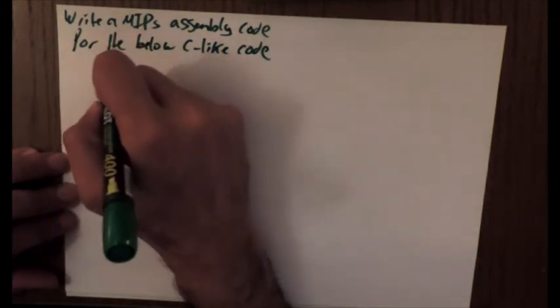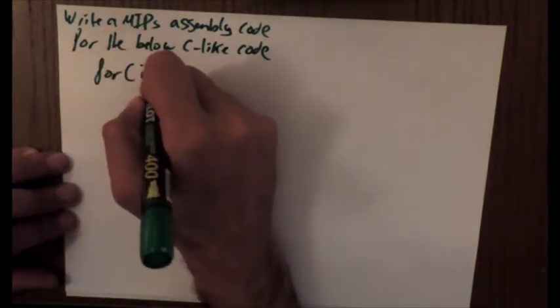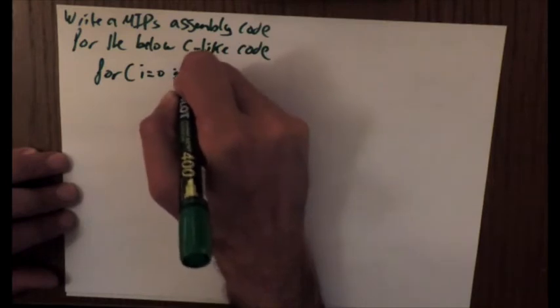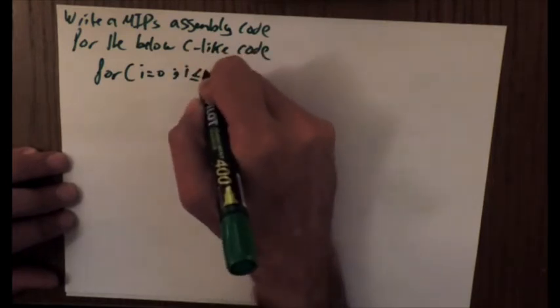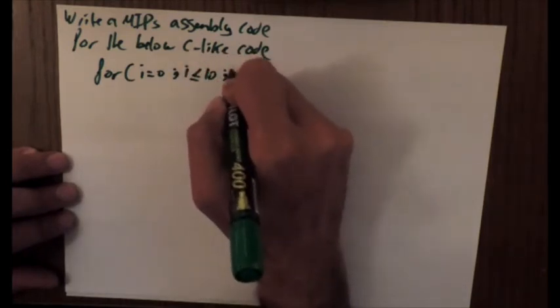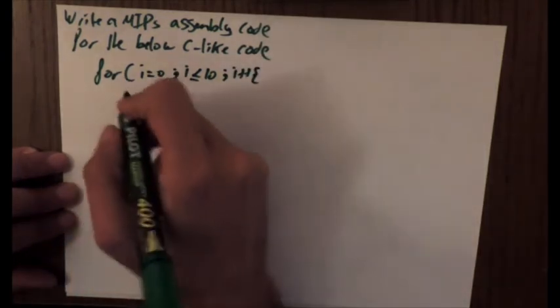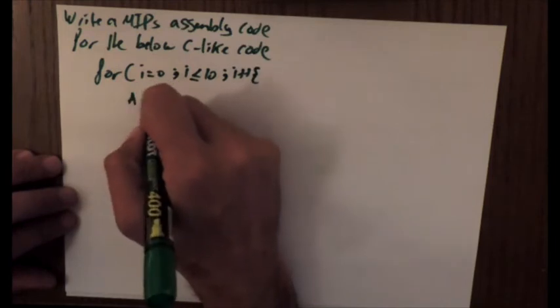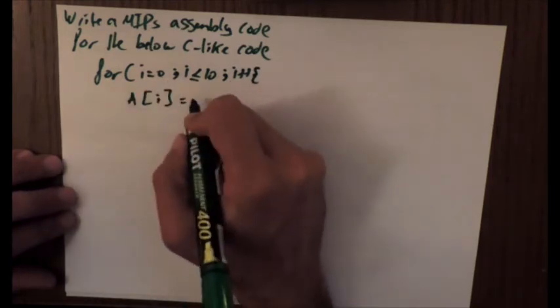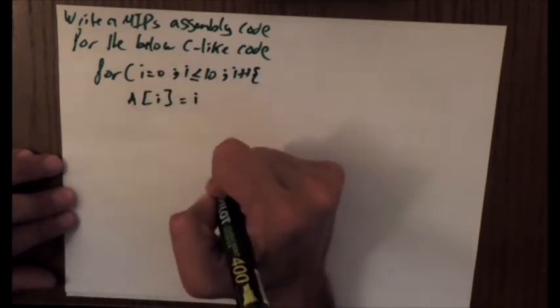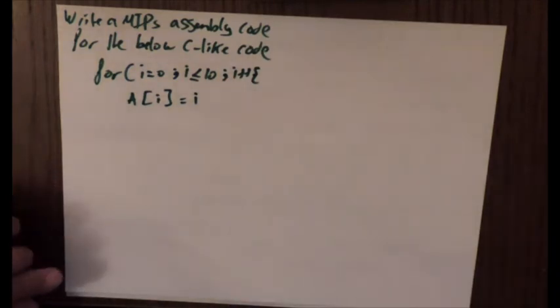So let's say I have for i equal 0, i less than or equal than 10, i plus plus. So I want to do something like A of i is equal i. So pretty simple code.